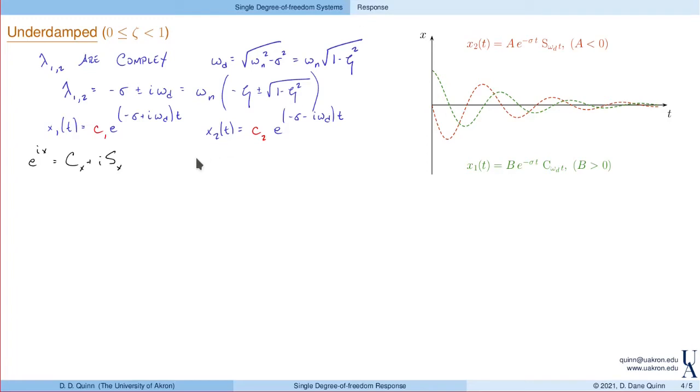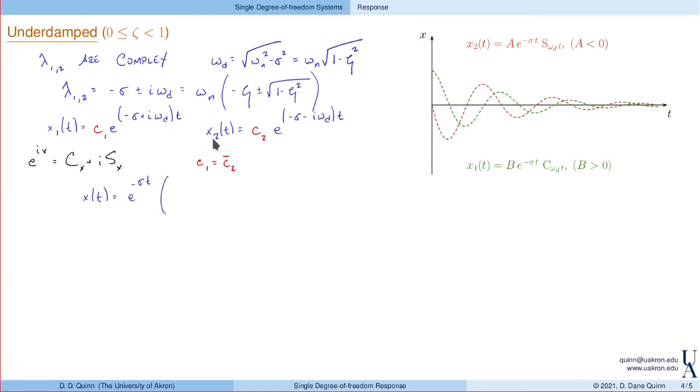And if C1 and C2 are complex conjugates, right, so C1 is C2 bar, where bar indicates the complex conjugate, then we can write this general solution as x of t is e to the minus sigma t. Notice that there's an e to the minus sigma t in each of these terms.